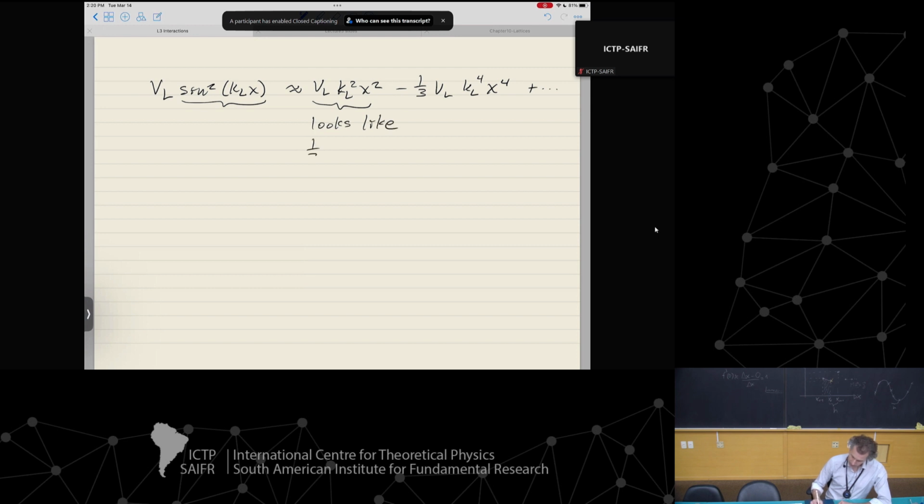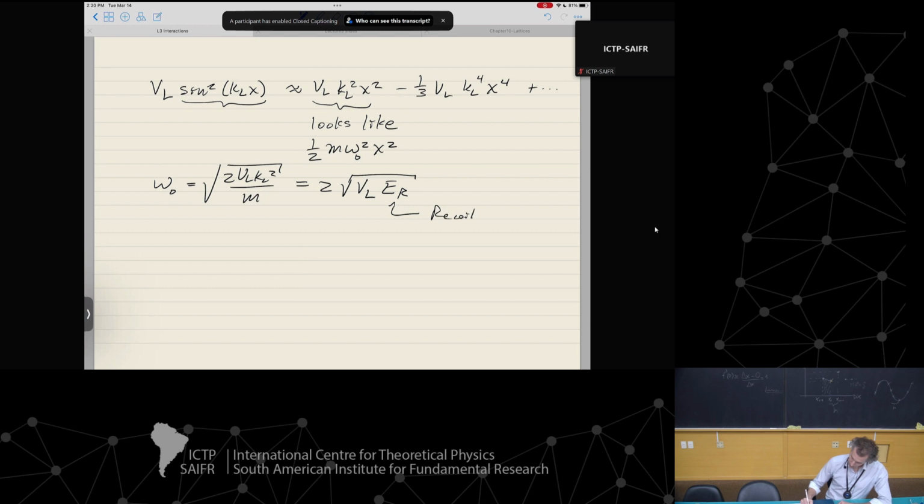The harmonic oscillator potential would be 1/2 m omega squared x squared. To make those two match, I need to write down this harmonic frequency, which is something like the square root of 2 V_L k_L squared over m. And if I look at this for a moment, that's the same thing as the geometric mean of the lattice depth and the recoil energy.